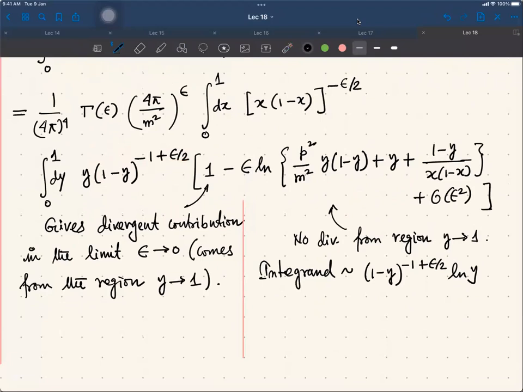Now if you write y equals e to the power x, near y equals 1, then this is 1 minus e to the x to the power minus 1 plus epsilon by 2 times x. This is near x equals 0.